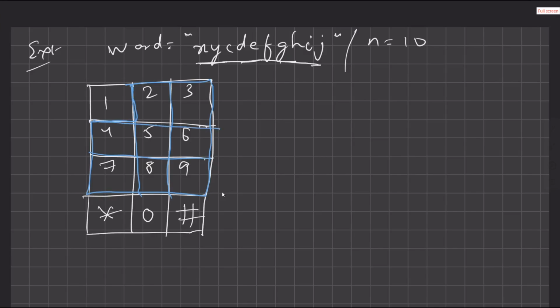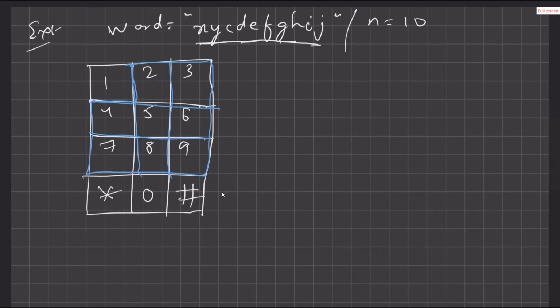So only these which are under blue are going to be touched. Now we have X. I'll place here. We have Y. I'll place here. We have C. I'll place here. Then D. I'll place here. E. I'll place here. Now F. I'll place here. G. I'll place here. H. I'll place here. So till here we have placed.